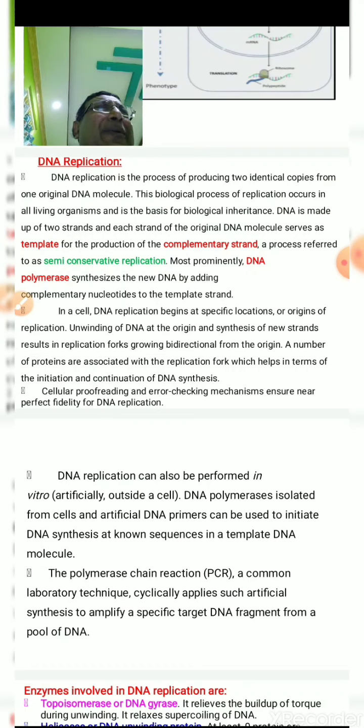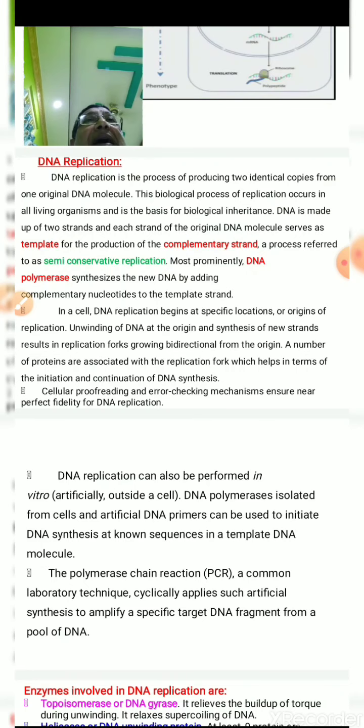So from one two-stranded DNA we get new daughter DNA molecules, each having one parental strand and one new strand. That is why DNA replication always takes place in a semi-conservative way, and Meselson et al. discovered this semi-conservative replication.